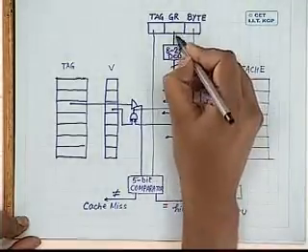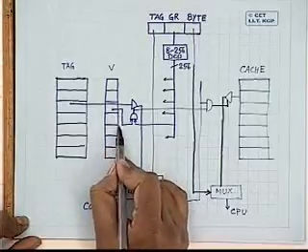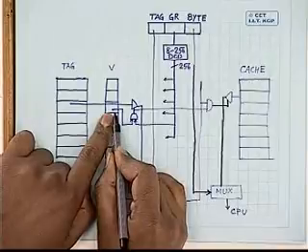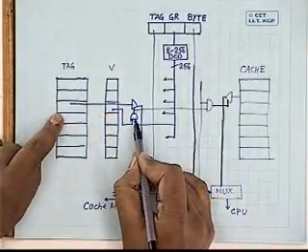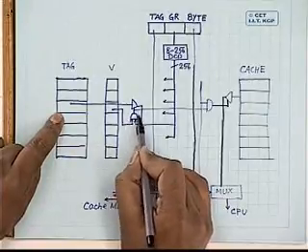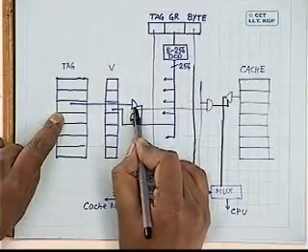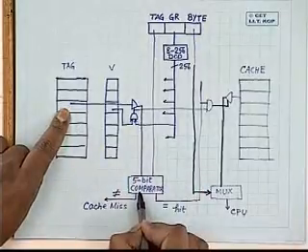Okay. So I make it an ANDing operation. The decoder output is ANDed with the corresponding valid bit. So if the valid bit is 1 and this decoder output is also 1, then only I go for checking the tag bit. Okay. So if these two outputs are 1, that means the AND gate output is also 1, then this buffer is active, and the tag memory content comes to the comparator.